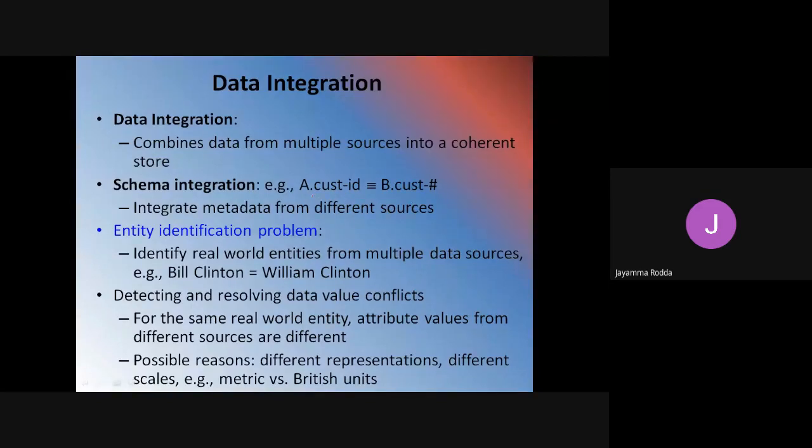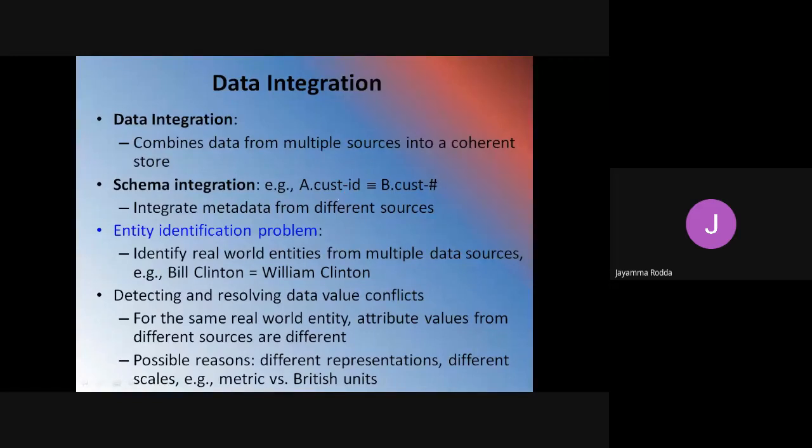A and B are two attributes which are trying to be similar. Both A and B are attributes which will store the customer ID. From different sources, the data will be loaded.